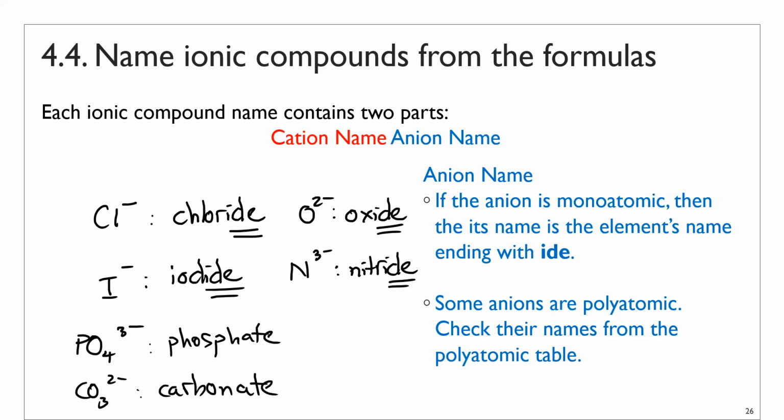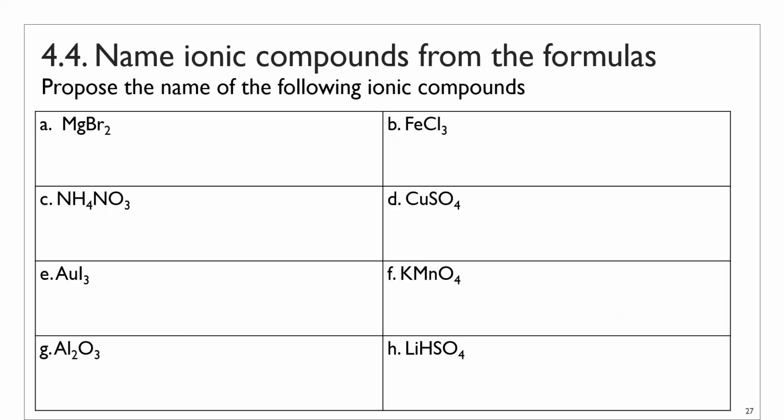There's a little bit of a rule here, but I don't expect you to know, honestly. So that's fine. You just need to know to convert the name of the monoatomic one to end with IDE. For these, just check the table. So you can have nitrate, for example. Okay. All right. Let's go through these questions.